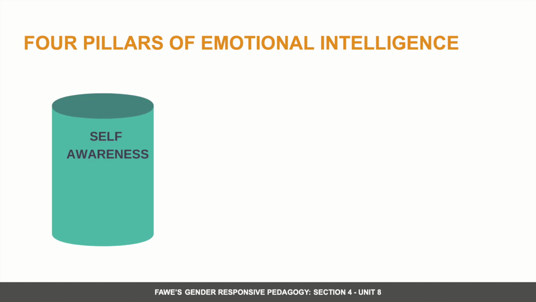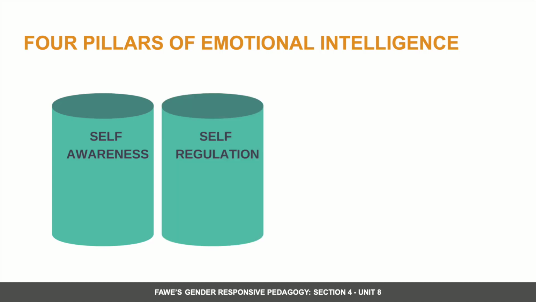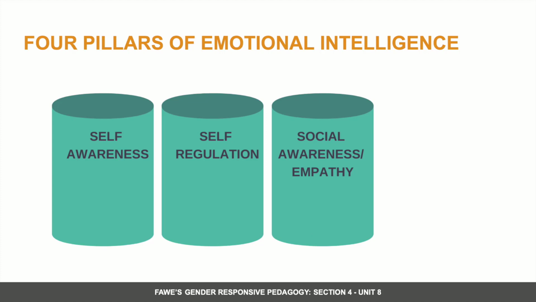First, self awareness, the ability to perceive and identify our feelings. Self regulation, the ability to regulate and respond appropriately. Social awareness or empathy, the ability to see things from another person's perspective and to take into account their individual thoughts and feelings about an experience.